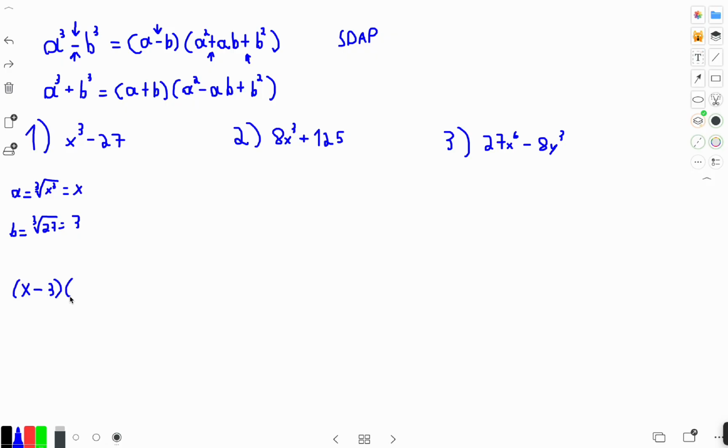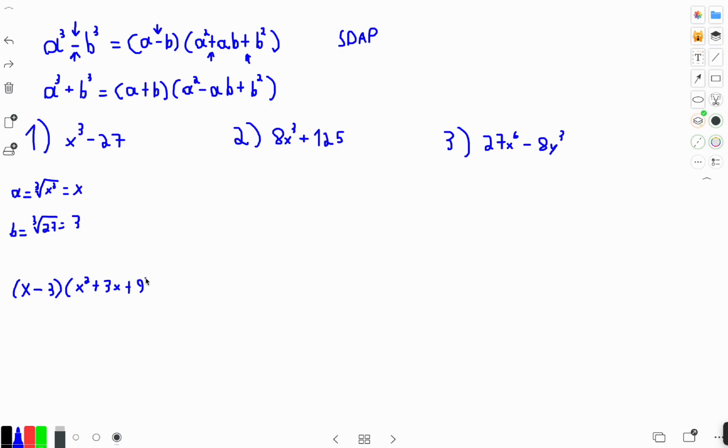Then we're going to have a squared. So our a is x, so if we square that, we get x squared. So we already had same, now we have opposite. Opposite of negative is positive, so our second sign is positive. And then we have a times b, and if we multiply x times 3, we get 3x because our a is x and our b is 3. And then the last sign is always positive, so we have plus. And then we just have b squared, which is 3 squared, which is 9.